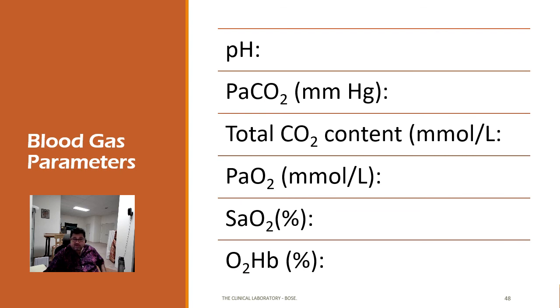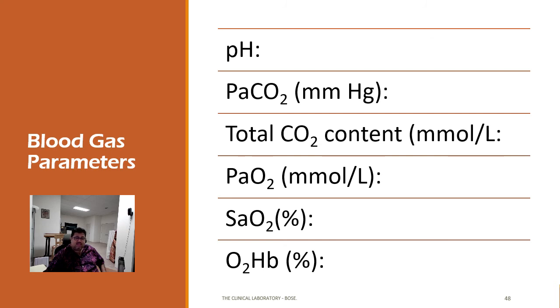Blood gas parameters, other than SaO2 and SpO2, include the pH of the blood. pH is indicative of the acid-base status of the patient. And then we look at the carbon dioxide, PaCO2, total carbon dioxide, PaO2, SaO2, which we just talked about, and the oxyhemoglobin, or the oxygen content of the blood, also called PaO2.